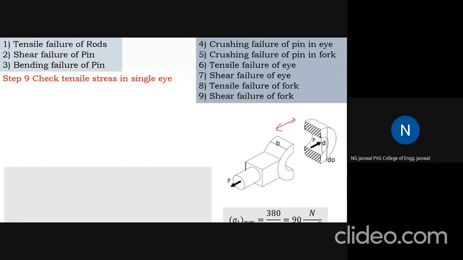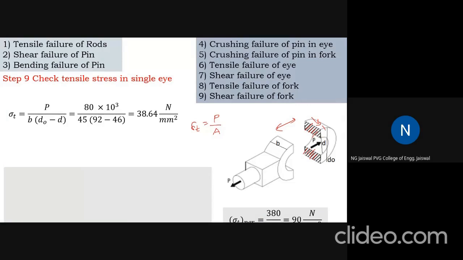That's why it's a tensile failure. So what will be the equation? Sigma t is equal to P divided by cross section area. Which cross section area? This cross section area, this and this. And what is this area? This area is equal to (dO minus d) into this length, and this length is equal to b. Therefore, it is equal to b into (dO minus d).